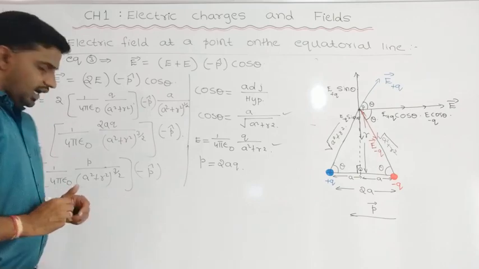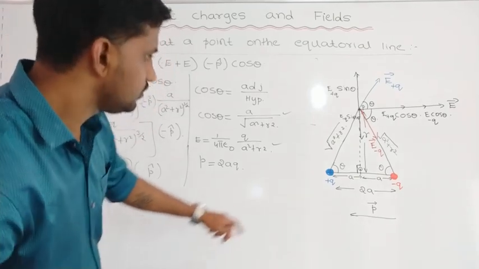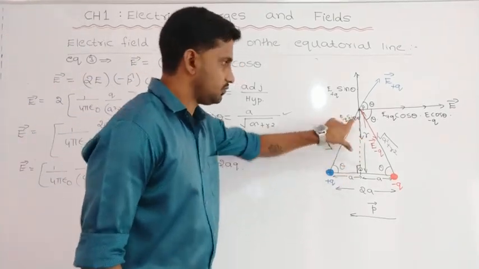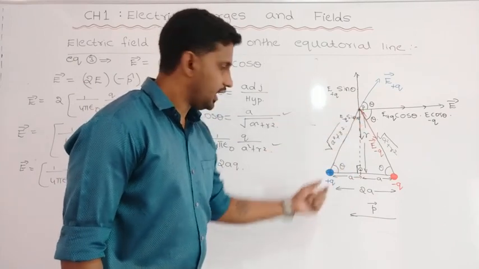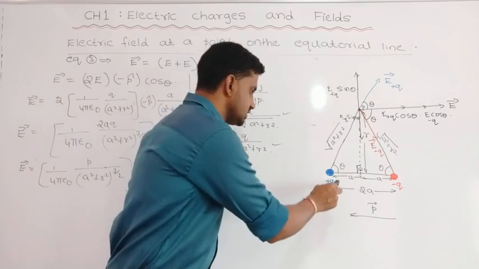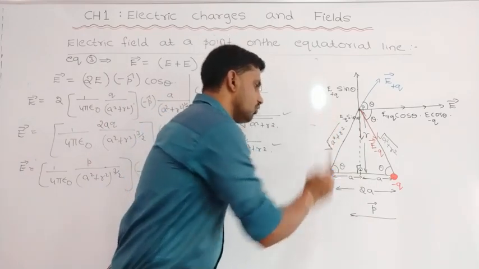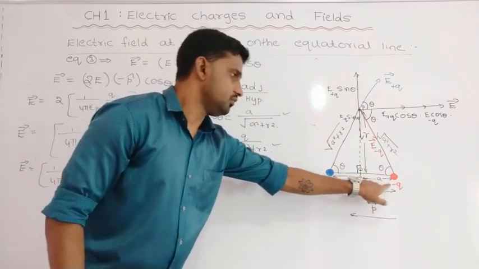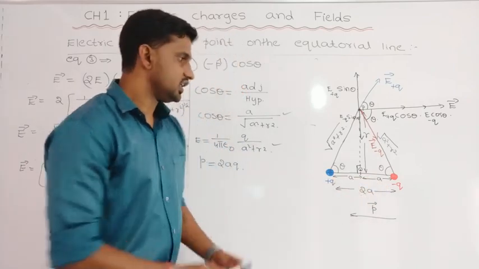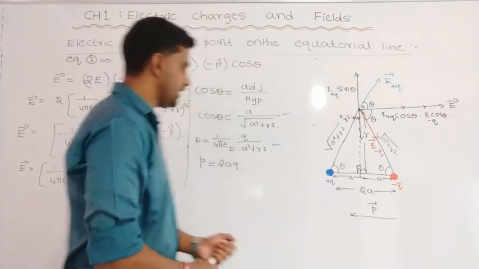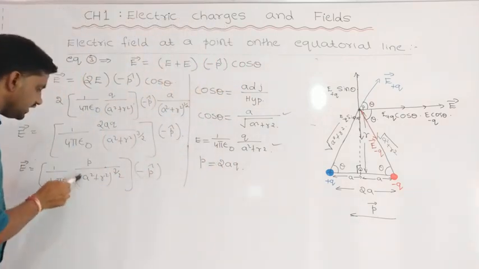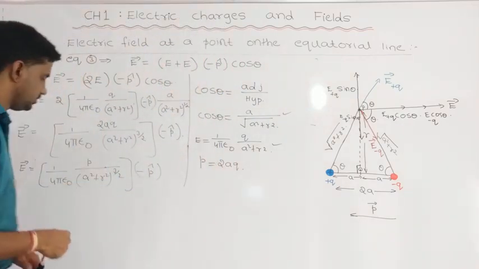Okay. And if you observe here, the distance r is nothing but the distance from the center of the dipole to the point P, and the distance A is the distance from the positive charge to the center or from the negative charge to the center. The distance r is much greater than the distance A. Then I can neglect the term A in this expression.